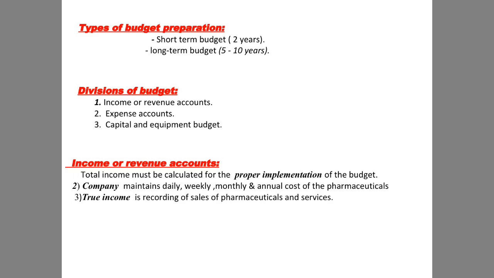In the income or revenue accounts, the total income must be calculated for the proper implementation of a budget. So often we reflect on prior years to help make forecasts, and looking at a good market analysis also plays a role in helping determine the future budget, especially if we're looking to add new programs. Who would these programs impact?